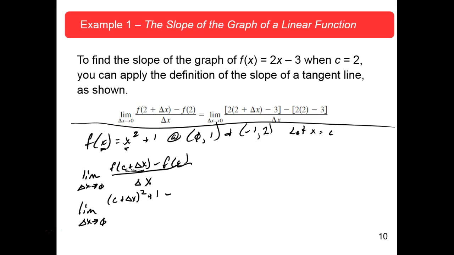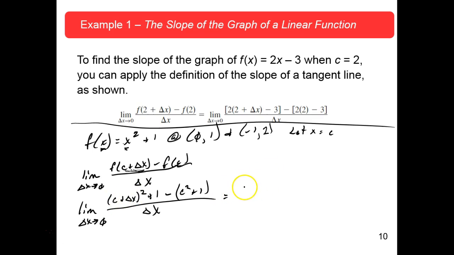What would that give you? C squared plus 1. Minus, and I'm going to put it in parentheses for now, minus c squared plus 1. Y'all okay with that? Over delta x. Okay? So let's do this.